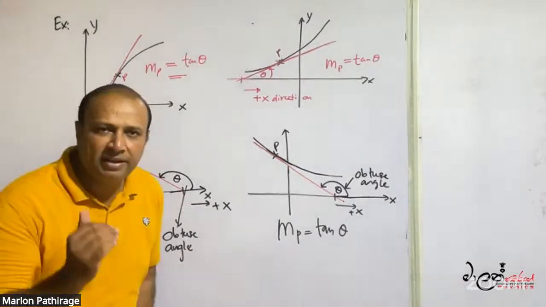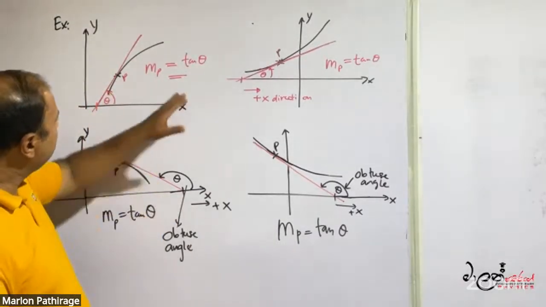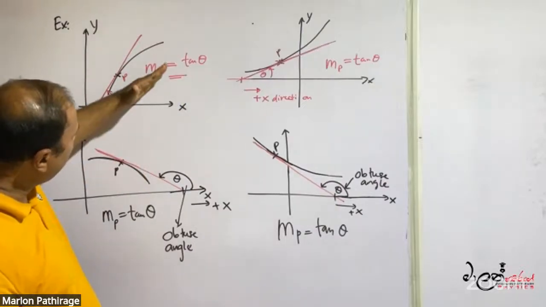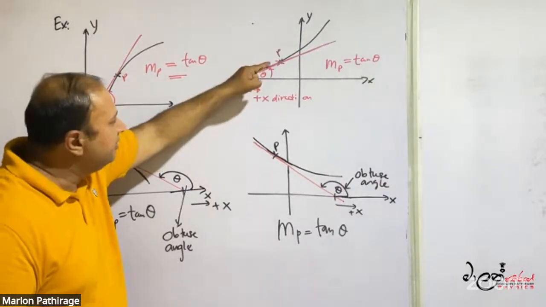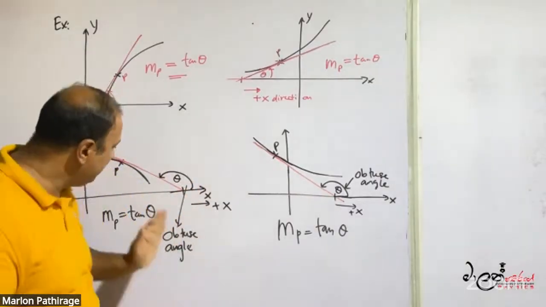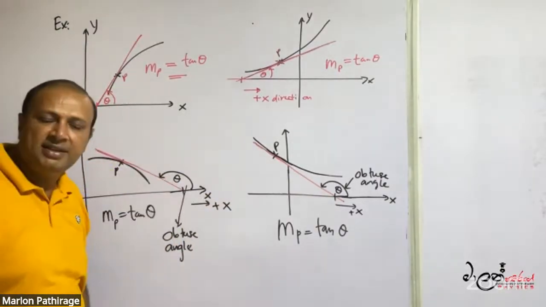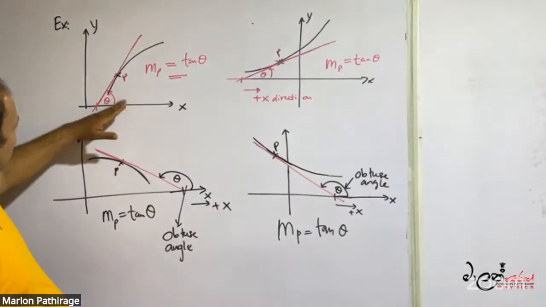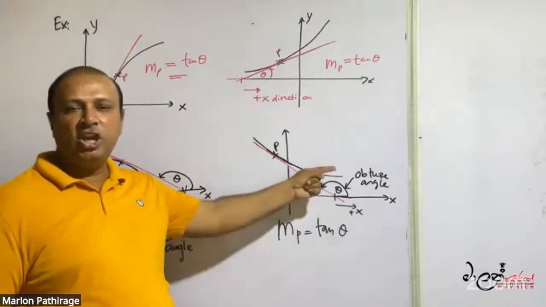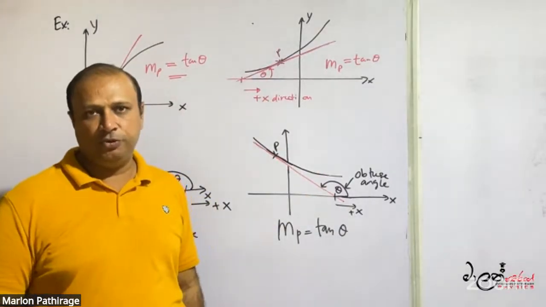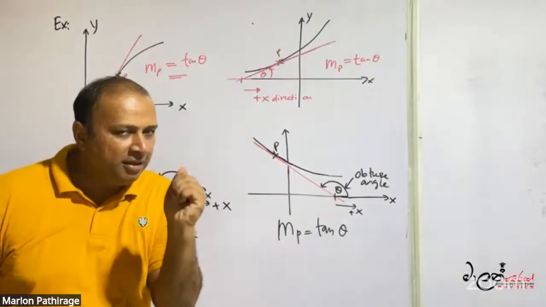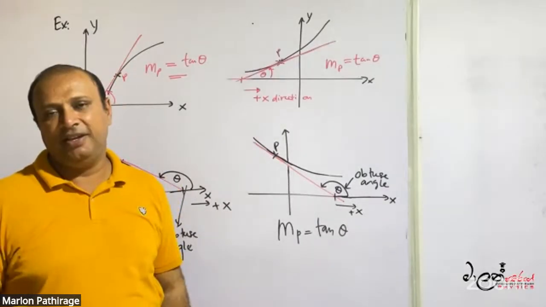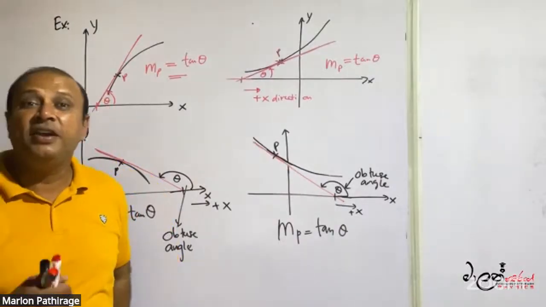Now it is very clear. According to the value of tan theta, the shape of the graph varies. Therefore, the shape depends on the variation in gradient.